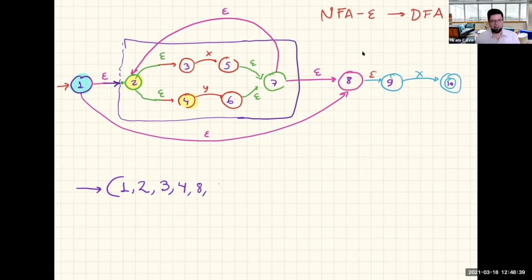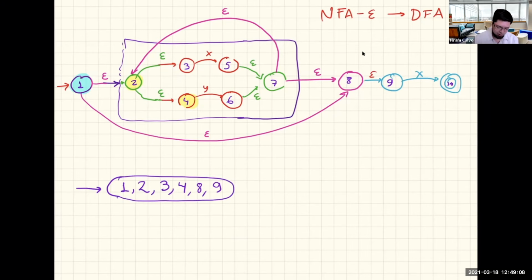That's it. So it's a very big state, yes, but we are merging a lot of states just because I can reach them by following epsilon arcs. So no dark magic here. We are just following epsilon arcs. Now that I have finished doing this, I can close my state, and then I will apply my algorithm the same way as we did before.